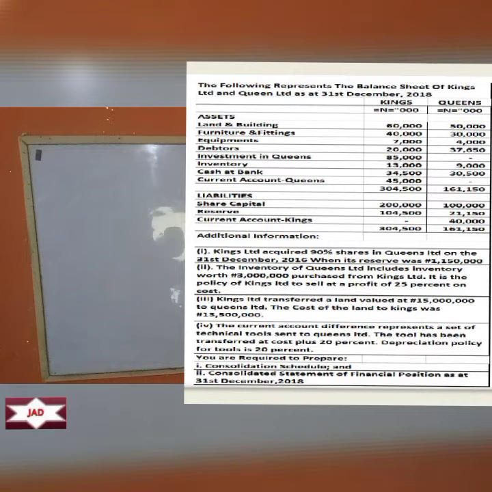Kings Limited acquired 90% shares in Queens Limited when its reserve was 1,150. The inventory of Queens Limited includes inventory worth 3 million purchased from Kings Limited. It is the policy of Kings Limited to sell at approximately 25% profit on inventory. Kings Limited also transferred land valued at 15 million to Queens Limited. The cost of that land to Kings was 13,500,000.